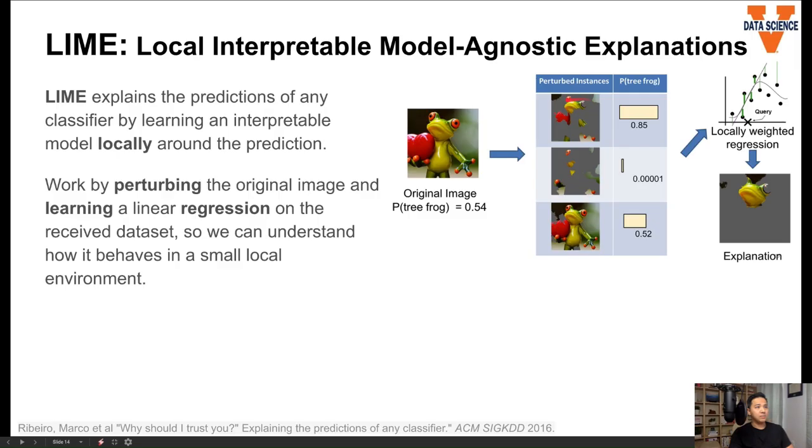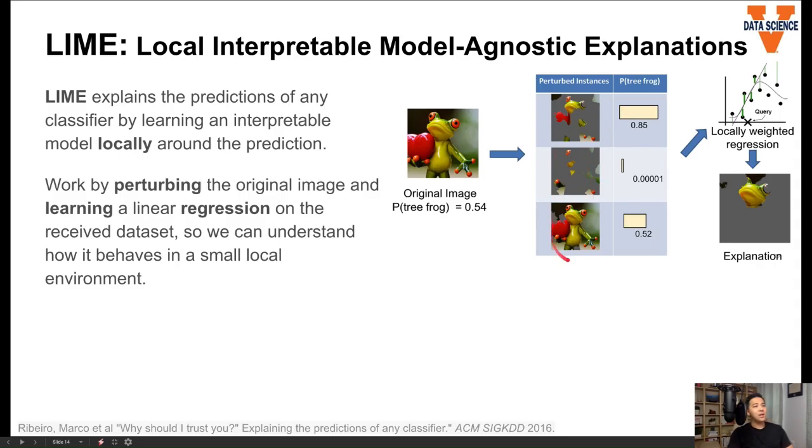You can see here it's displayed by all the gray pixels. Think about it like blocking out part of an input signal while allowing other pixels to get through. With this technique, it can generate lots and lots of perturbed instances. And for each of these instances, you can run it through that black box model and produce a score.